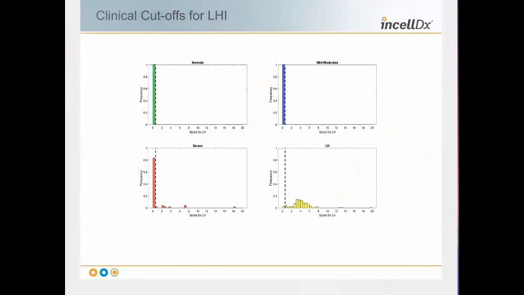We use this data to establish clinical cutoffs for the long hauler index. In the upper left, you can see normals in green, well below the dotted line or cutoff for those being long haulers. Mild to moderate in blue, again, below the dotted line.